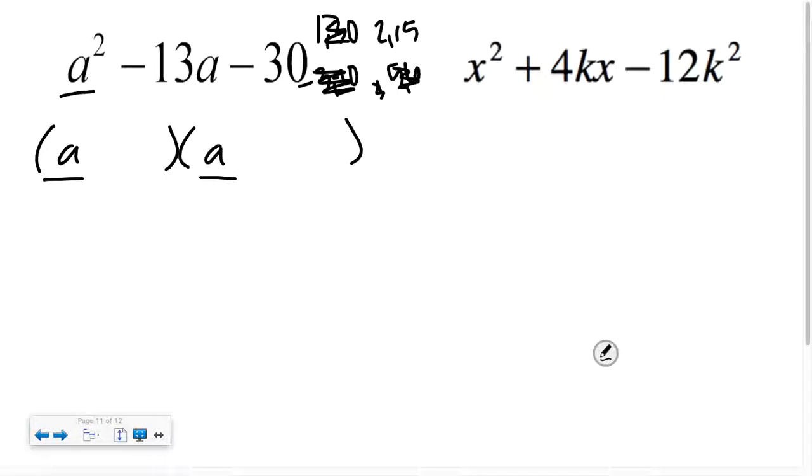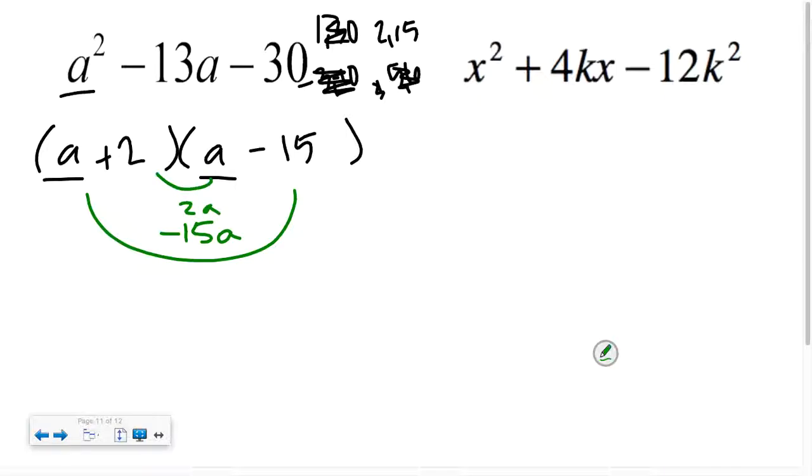If I want to make it negative 13, do I want the 2 negative or positive? Positive. I would need a plus 2 and a minus 15. So that way when you check it, your outside terms would give you negative 15a, and your inside terms would give you positive 2a, which gives you that negative 13a in the middle. Okay, trial and error. Don't get it the first time, that's fine. Go back and do it again.